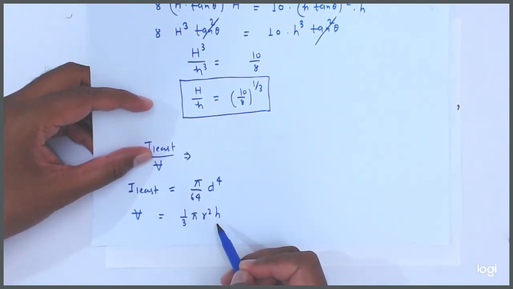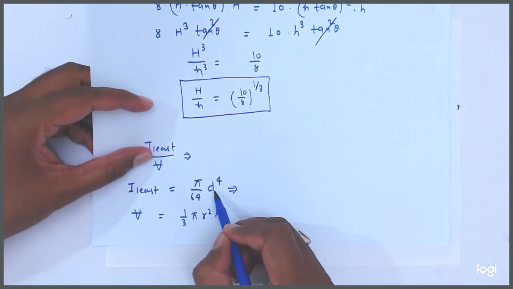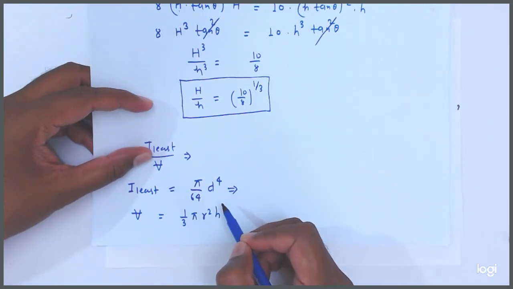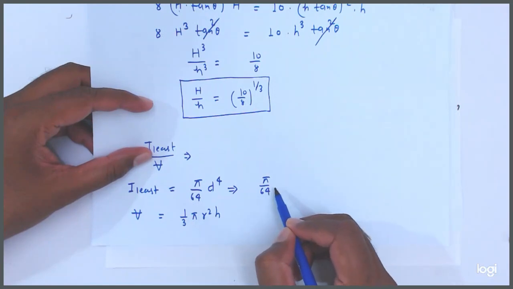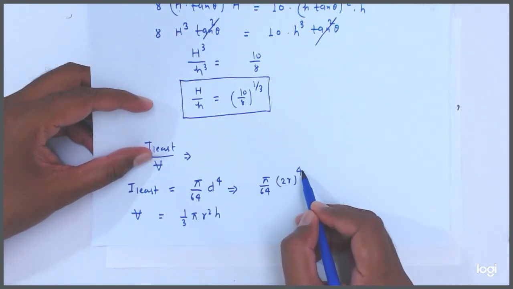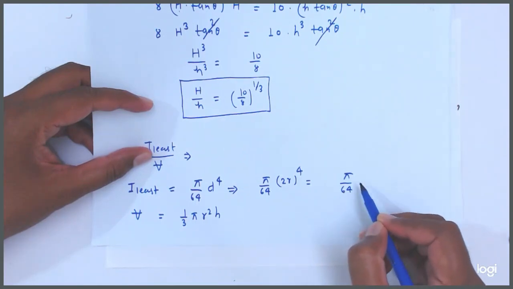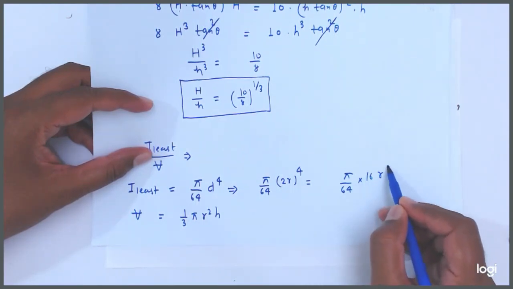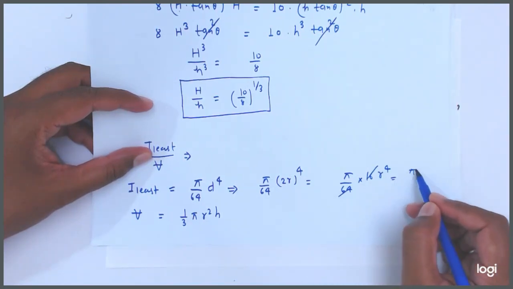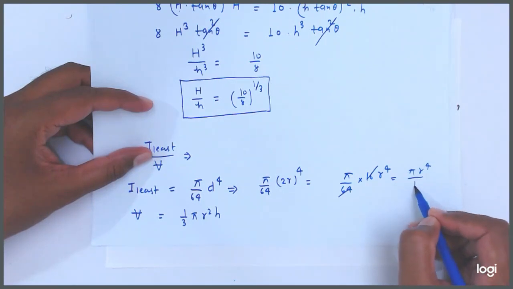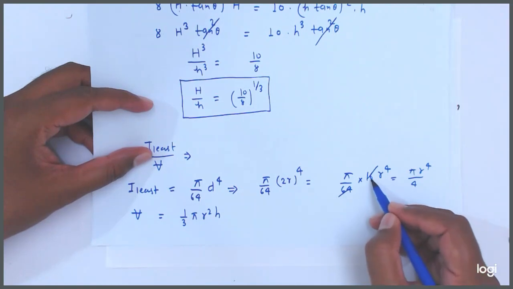Okay friends, so here the r value is there, or if we convert the diameter into r, what will it come? π/64 into (2r)^4, or it will come π/64 into 16 r^4, and this 16 will cancel out, so π r^4 by 4, since 16 into 4 is equal to 64.